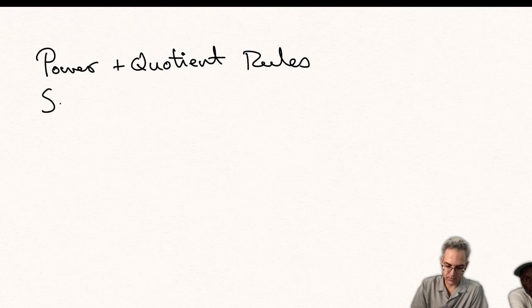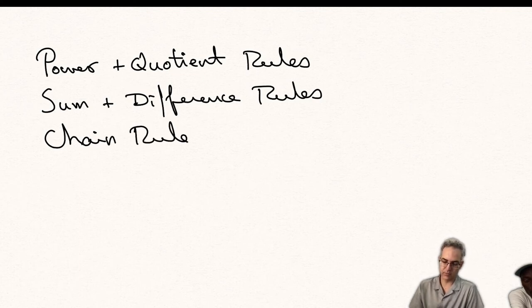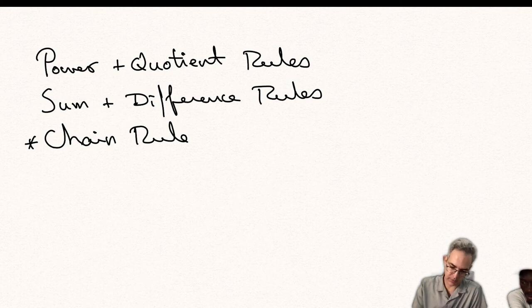We've done the sum and difference rules, of course, those are pretty easy. And then we just introduced at the very end the chain rule, but we can review that. Sorry, not the power rule, I realize what I meant here. This is the product rule. And then this is sort of one set of rules.